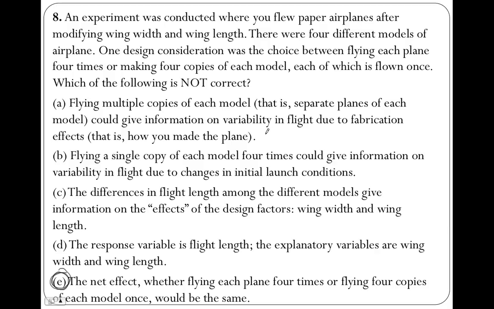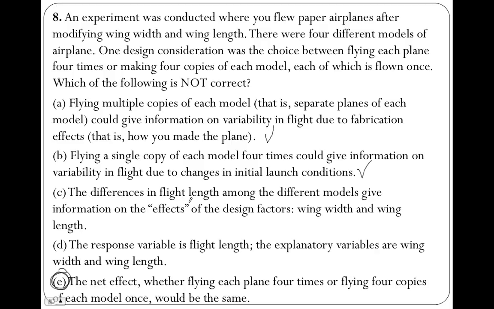B says that flying a single copy of each model 4 times could give information on variability in flight due to changes in initial launch conditions. Again, that makes sense. It's the same exact plane. What else could be different? Well, the way I launch it could be different, okay? Or maybe something like the wind or the air conditioning about the way that it's launched. So B makes sense to me.